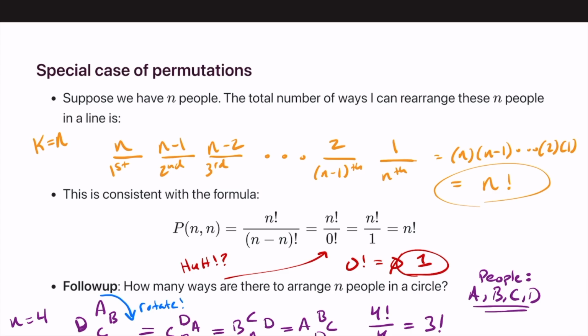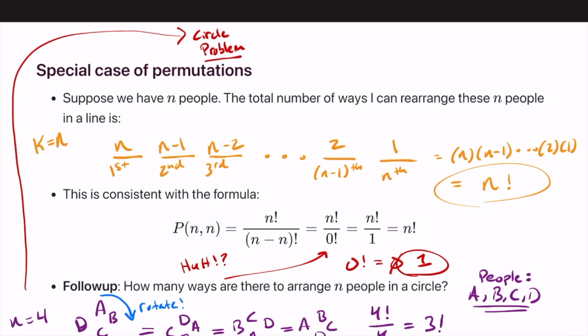In fact, we can also think about this problem in a little bit more of an interesting way. Maybe we'll do it up here. Let's write some more stuff about circles. We'll call this the circle problem.